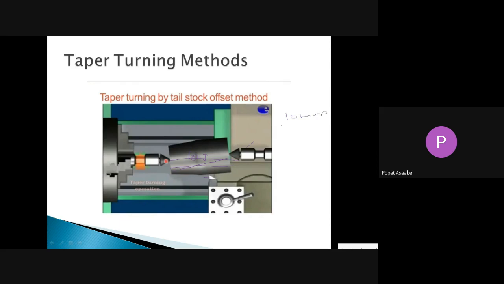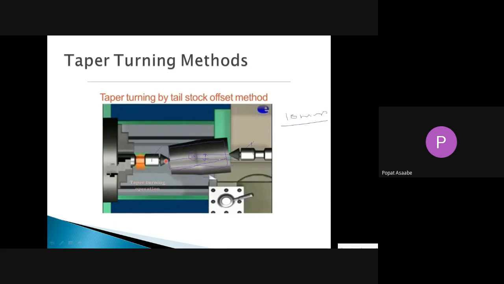Here we want to give the 10 mm offset to that tailstock. According to this offset distance we have to give the offset to the tailstock and fix it. Then finally we have to hold that workpiece in between the two centers. This is the live center and this is the dead center.